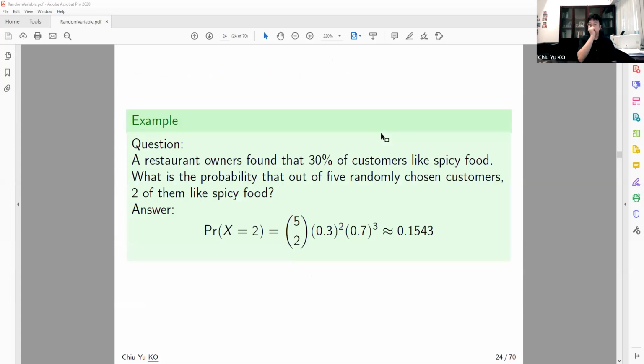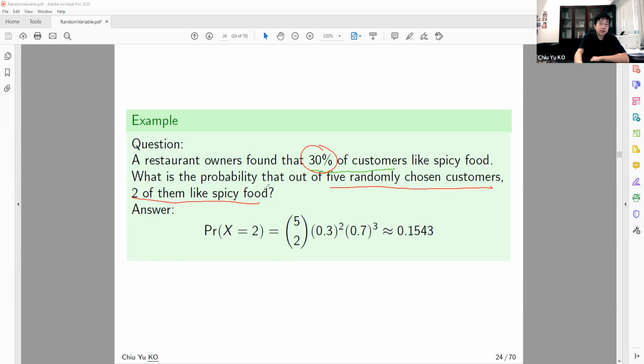So let's give an example, something you will see very often. A restaurant owner finds that 30% of people like spicy food. What is the probability that, out of 5 randomly chosen customers, 2 of them like spicy food?